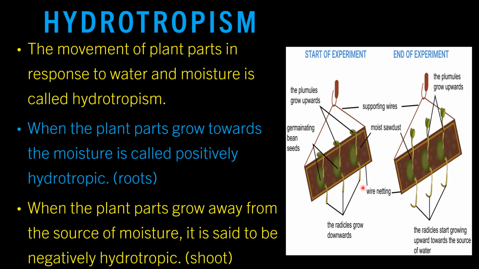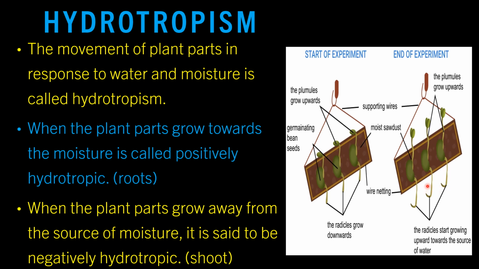But after a few days, what can you observe? They start growing upwards towards the moist sawdust. Here you can see that the radicles curved towards the moist sawdust, because the sawdust has moisture content, right? It is the only source of water.